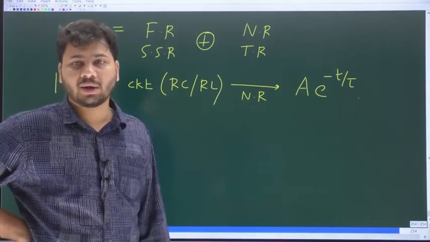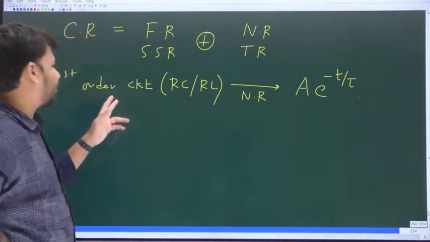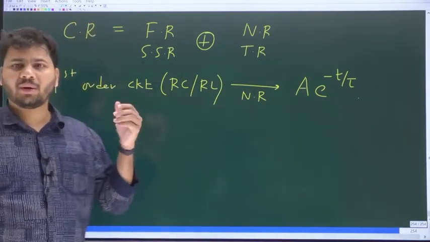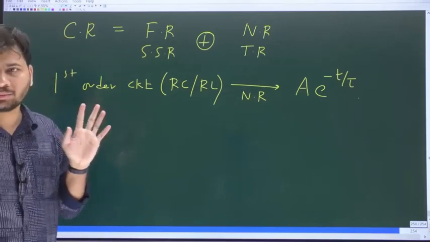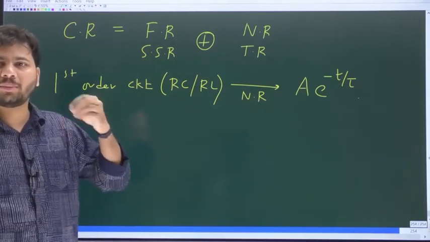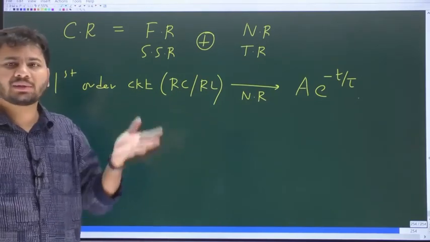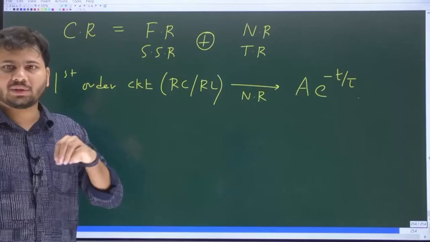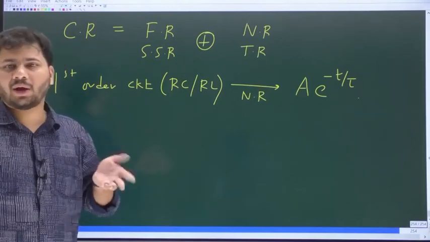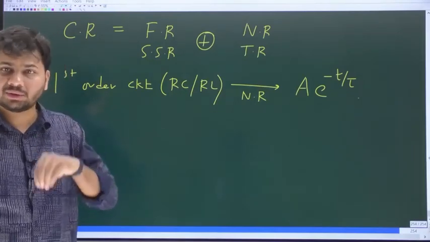Again, let me make it clear that the first order circuit can be driven by any type of source. That means, let's say you have an RC circuit driven by a DC source. Let us also say we have an RC circuit driven by an AC source.